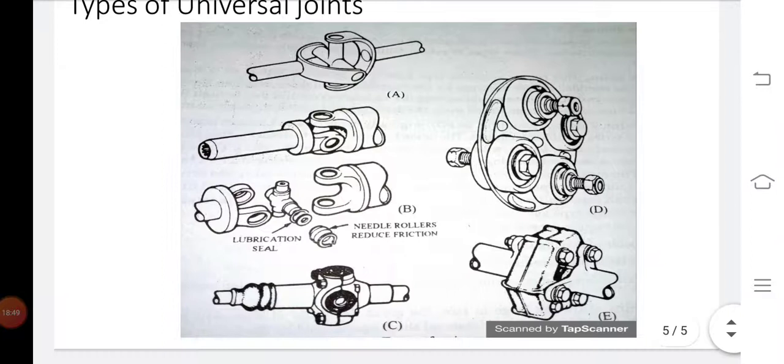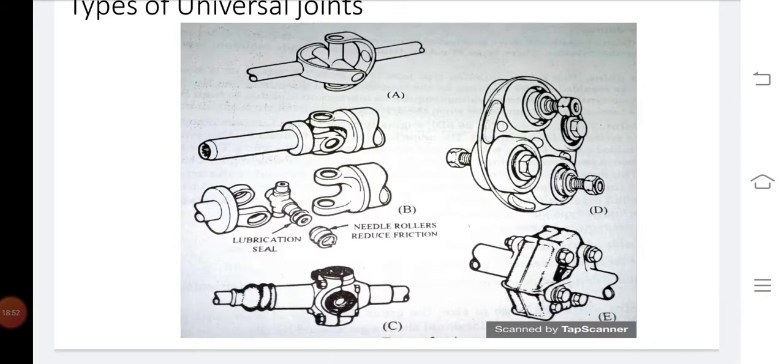In the first one, the cross type joint, also called the hook coupling, named after Robert Hooke, who invented this kind of driving mechanism.